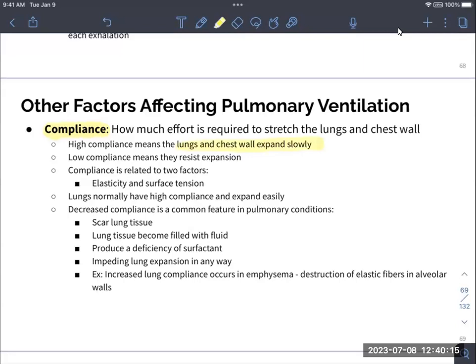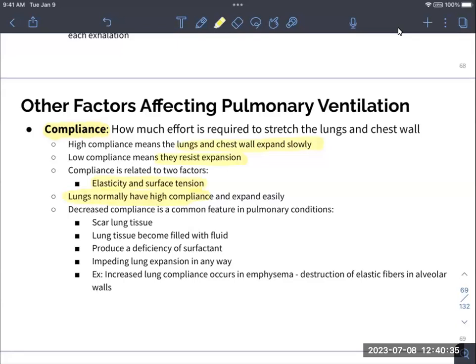Low compliance, they resist expansion. And it relates to the elasticity and the surface tension of those alveoli. We normally have high compliance. Our lungs expand pretty easily.